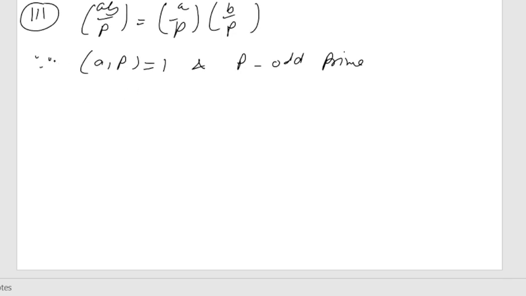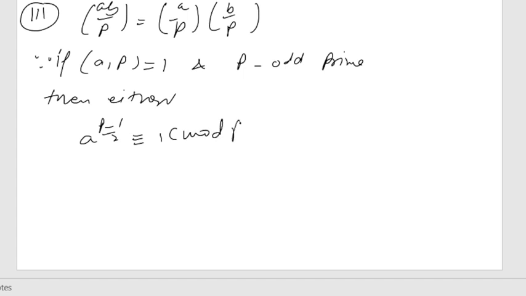If the GCD of A and P is equal to 1 and P is an odd prime, then either A to the power (P minus 1) divided by 2 is congruent to 1 modulo P, or A to the power (P minus 1) divided by 2 is congruent to minus 1 modulo P. This is a theorem.